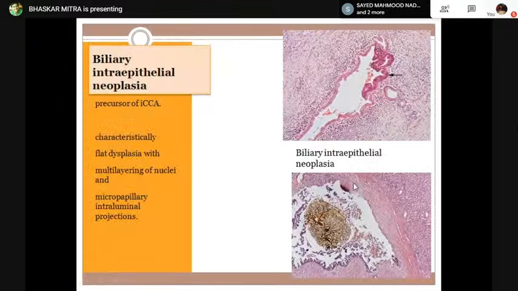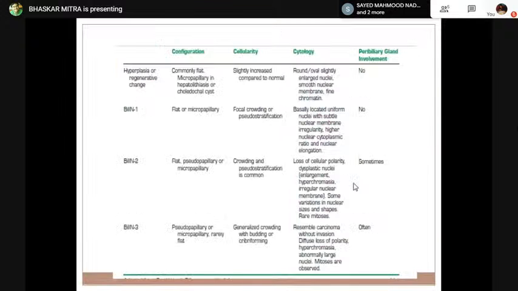Now, let's classify BilIN 1, 2, 3. BilIN 1 is a flat micropapillary architecture with focal crowding and pseudostratification. Here we can see the nuclear polarity is maintained, that is, basally located, uniform-looking nuclei. As things progress, there is a higher nuclear cytoplasmic ratio, because it is intraepithelial neoplasia, the nucleus has to be dysplastic.